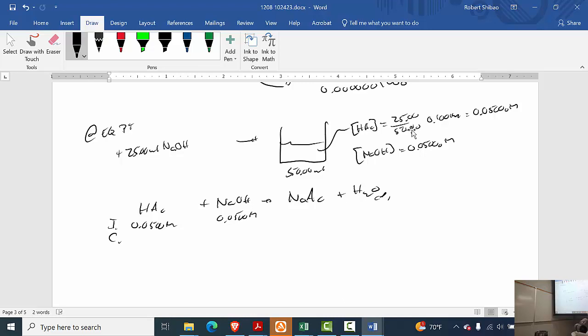This is at the equivalence point, so we have equal amounts of acid and base, and they're going to neutralize each other out, since K is very, very large for this. And then the sodium acetate gains 0.0500, and that leaves us with 0.0500 molar here.